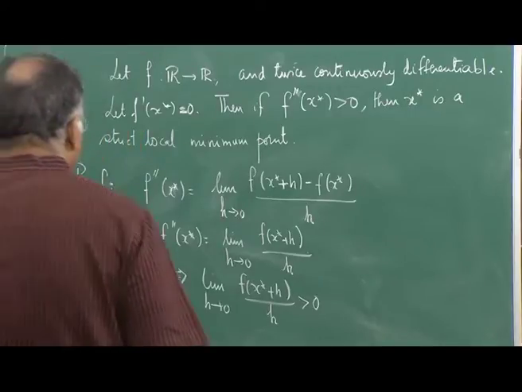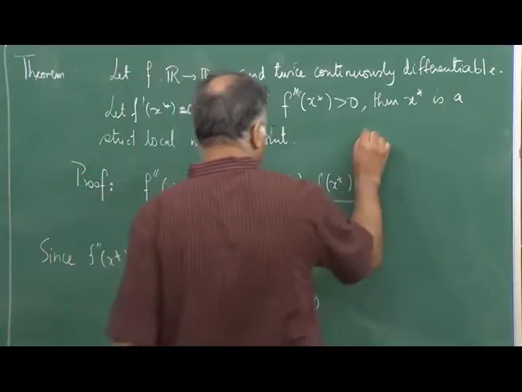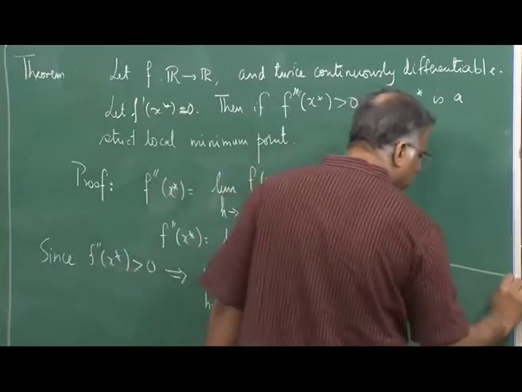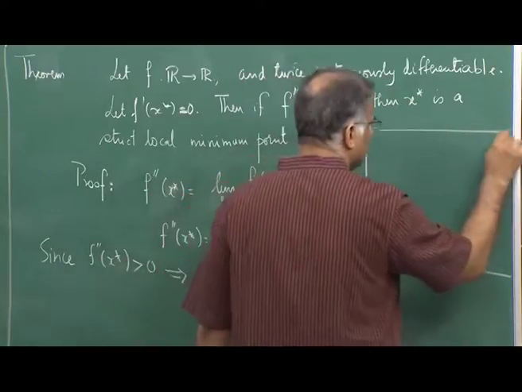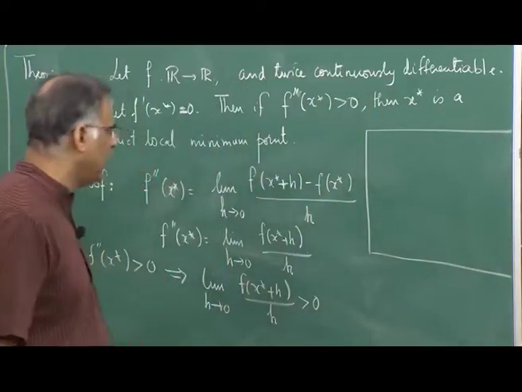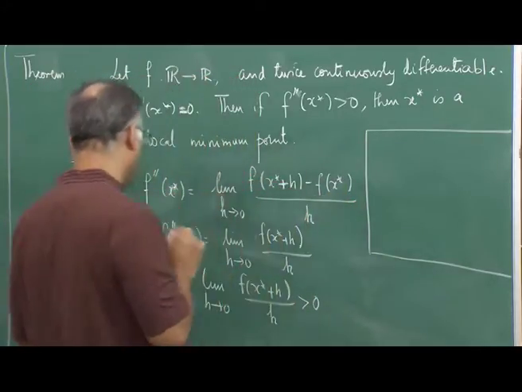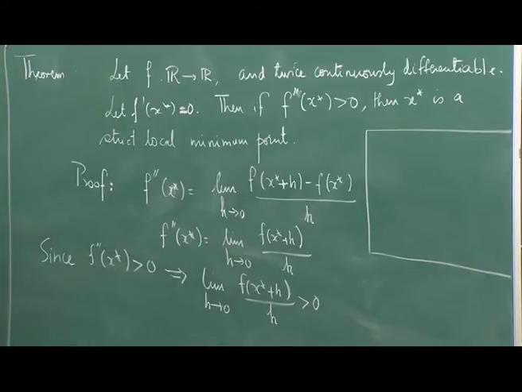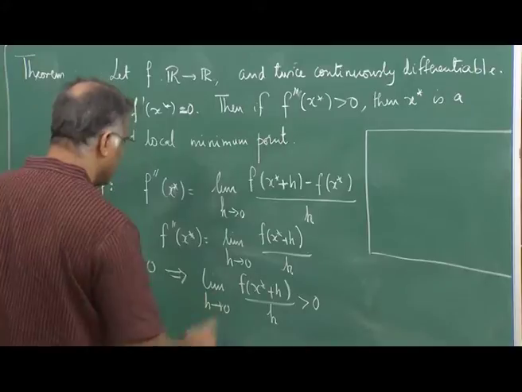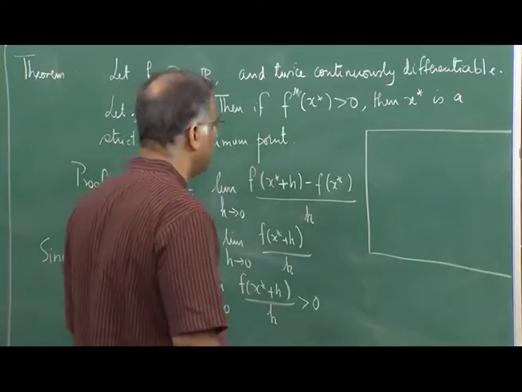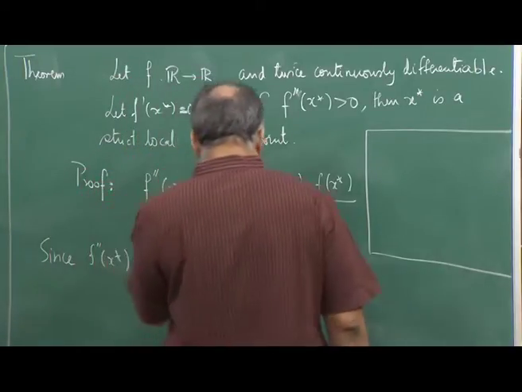Now, here is some reasoning that you should be very careful about. What is that limit? That limit is f double dash x star, which is positive. So, what does it mean?